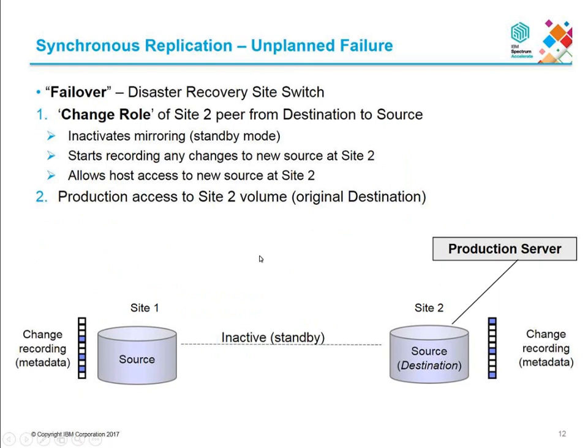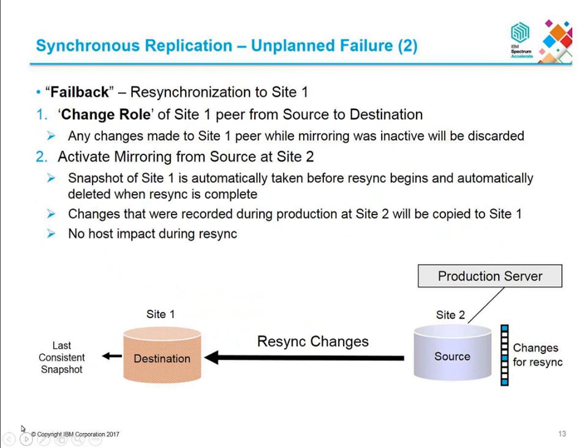I am tracking differences. So when I'm finally able to fix site 1, or fix the link, or fix whatever caused me to do this change roll in the first place, then I actually do a change roll of tier 1. It changes it from source to destination. I actually change it to target, and then I resync and get both volumes to be the same.